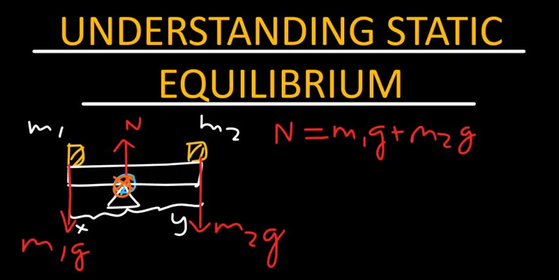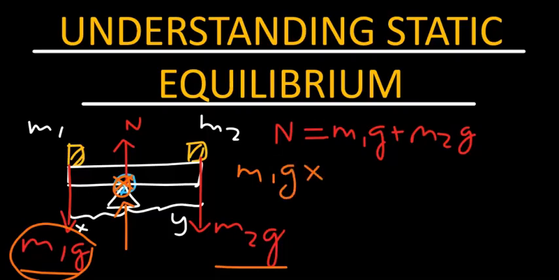There will be 2 torques. The first one is due to m1g. The second one is due to m2g. So the torque created by the weight m1g about that point is given by m1g x, where x is the distance between the axis of rotation and the force.